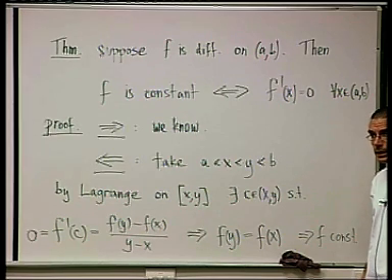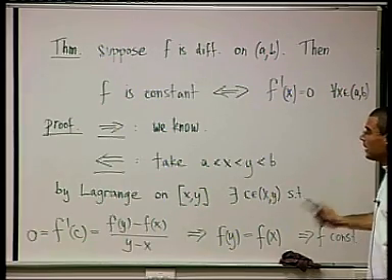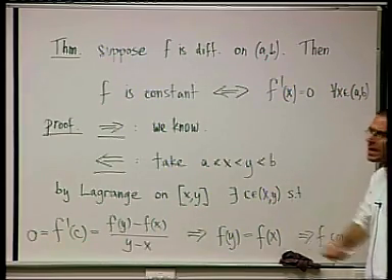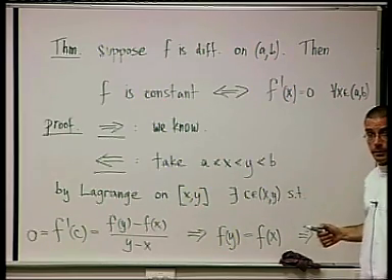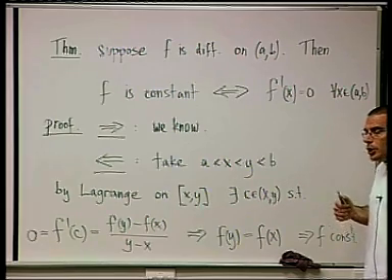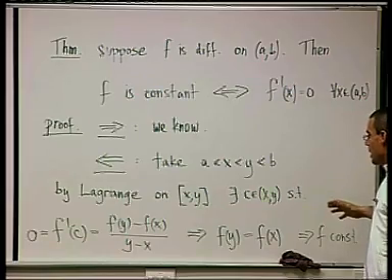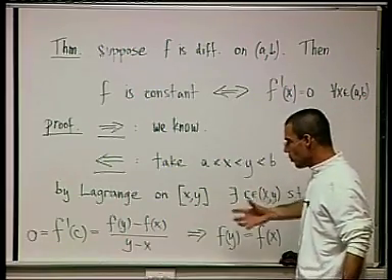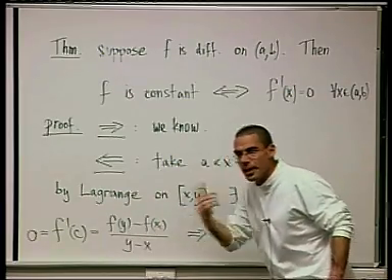Okay? And you will see Lagrange popping up in many, many proofs, many times unexpectedly, like here. And usually, the way Lagrange shows up is when you want to say some form of statement that uses this term without the limit.